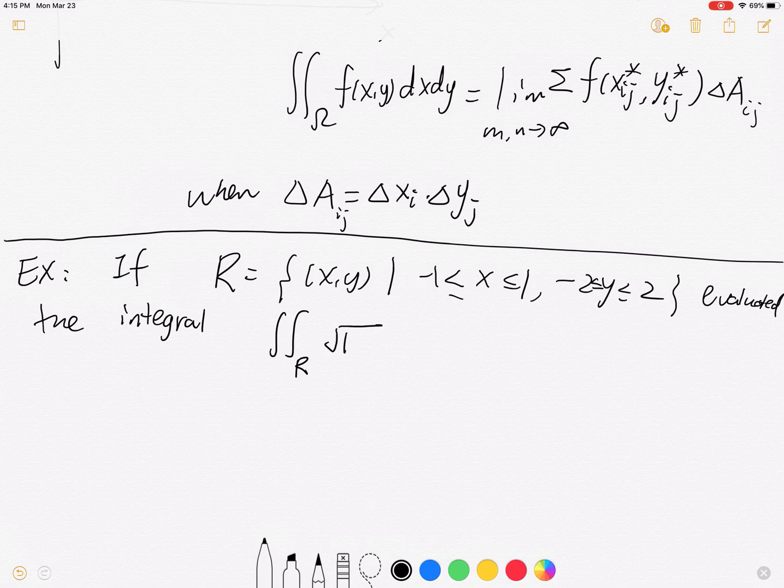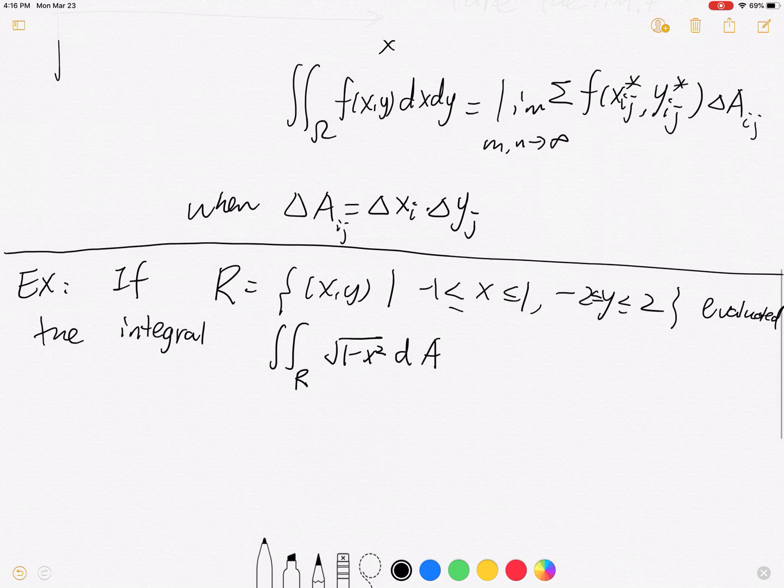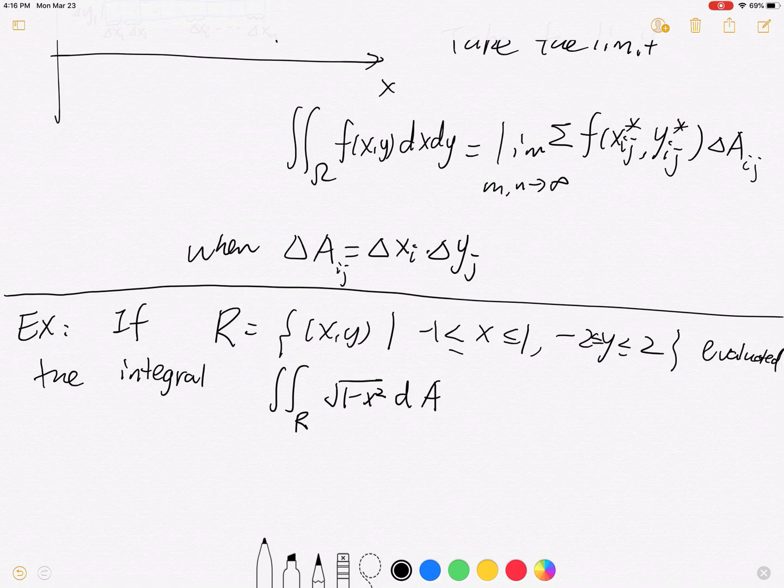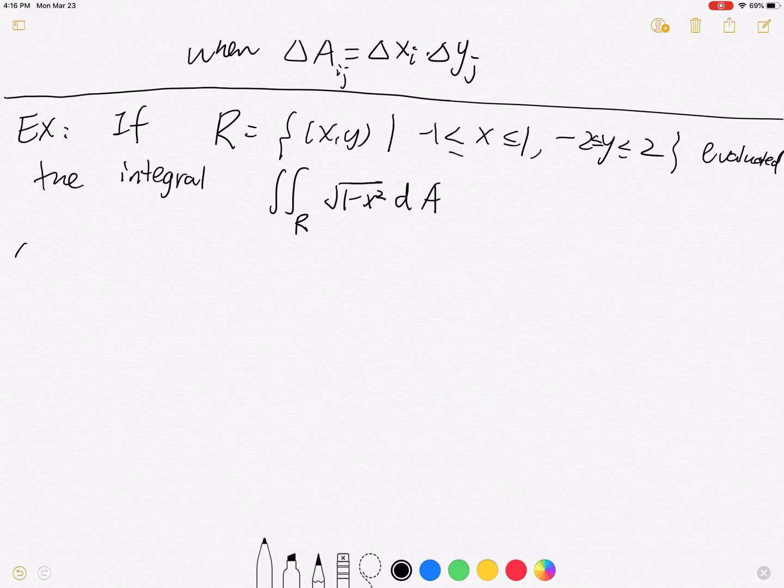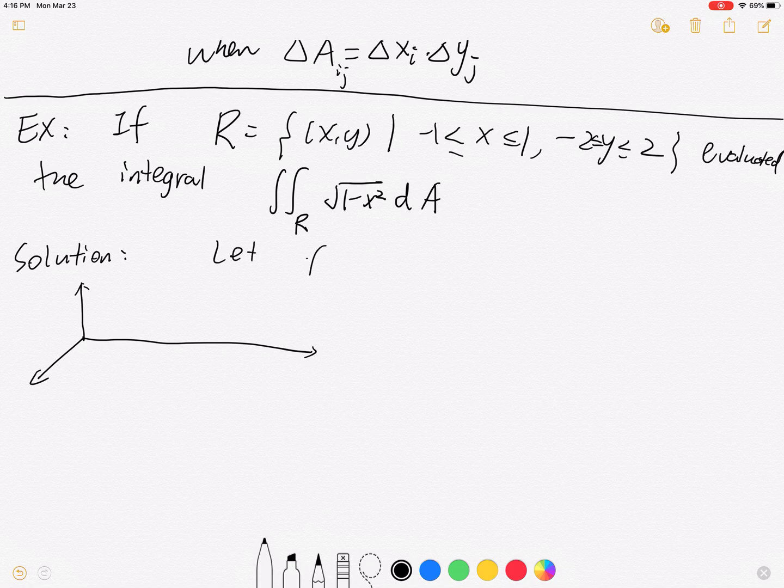So remember the notation. Here dA just means dx dy when you don't want to specify the coordinates. Okay, first let's draw the graph for this function. So let f equal the square root of 1 minus x squared. And what is the graph?